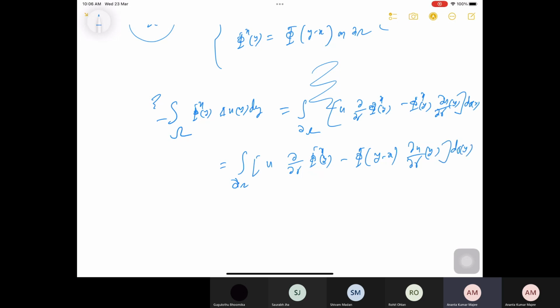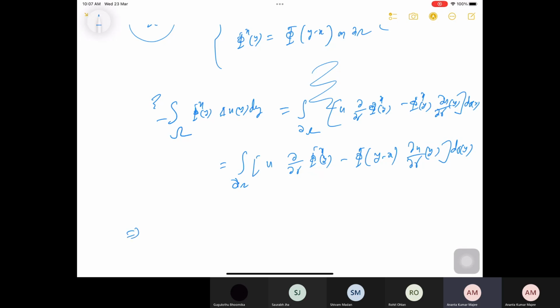Now if u is a solution to your Poisson problem, then I know that u is equal to g on the boundary, and minus Laplace u y is equal to f.